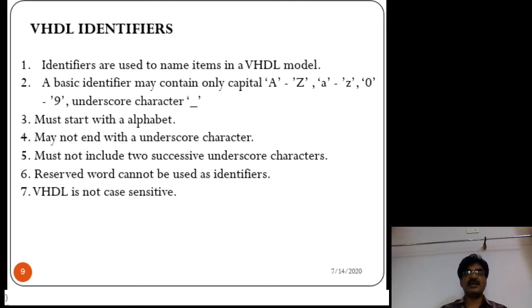That's why they are treated as reserved words. Also keywords, you should not use those words as identifiers. So these are the different rules you need to follow while giving names for different units, and different signals, variables, constants, etc.